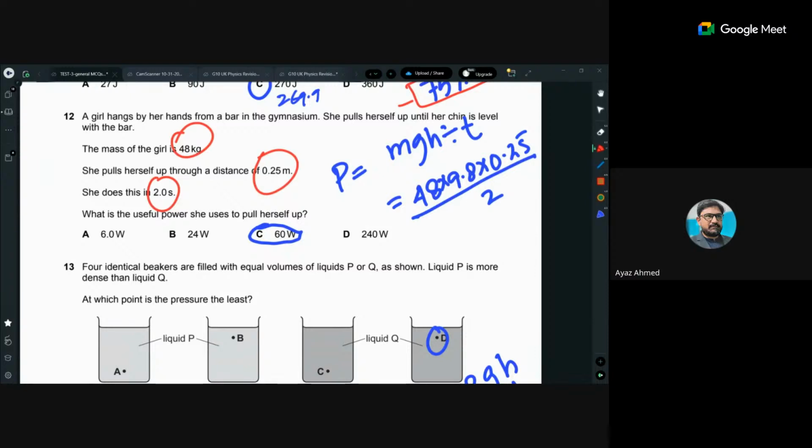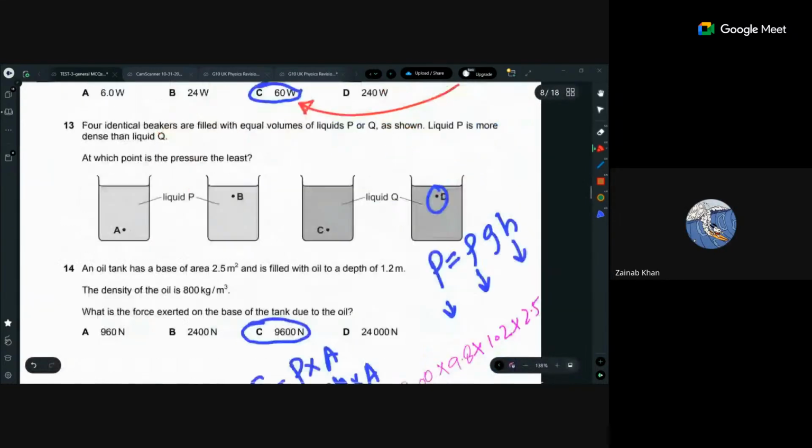Calculate the power of the girl. The girl is doing work against gravity, so mgh is the total work done, divided by the time taken. So mgh divided by t gives you 60 watts. Clear to everyone? Yes, sir.